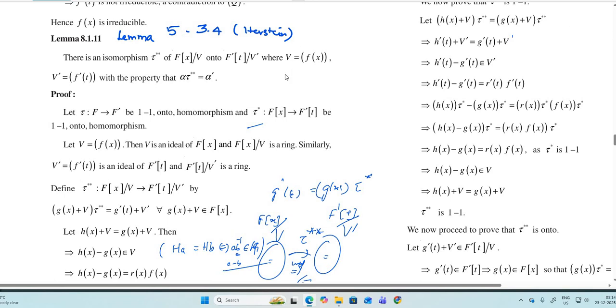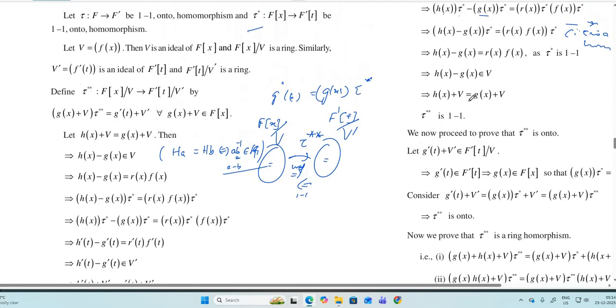So you have h'(t) minus g'(t) belonging to V'. Again, V' generated by f'(t), so you can write like this. And this in turn gives the image of h(x) under tau star, and similarly these steps that you have. Because tau star is a homomorphism, you have this step.